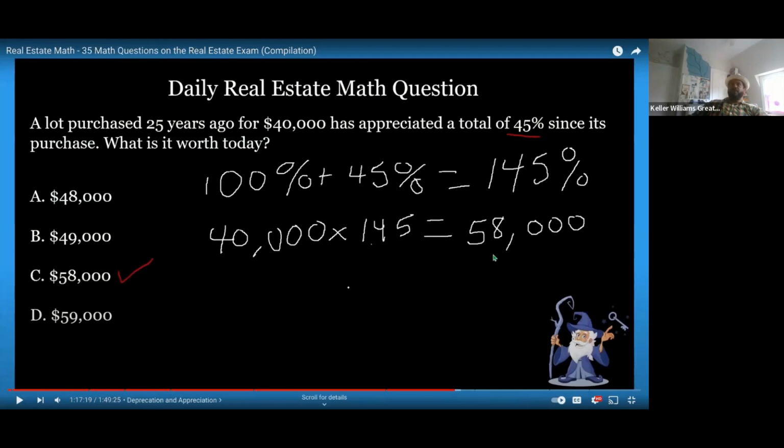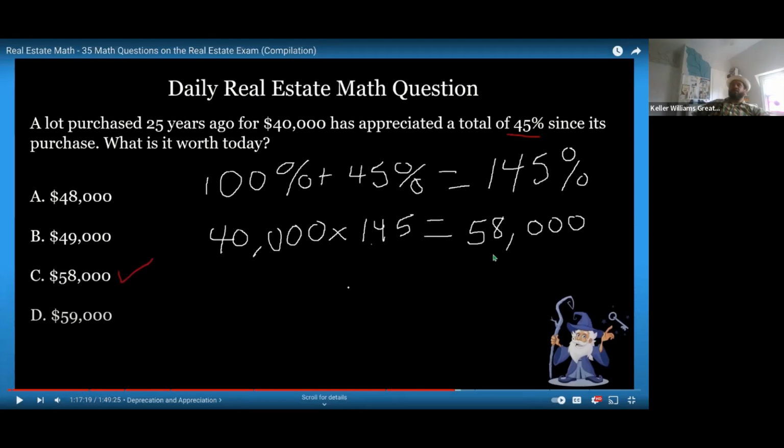Now, if you wanted to do it another way, you could say 45% of 40,000 is 18,000, and then add it to 40,000. Yes, you can do it that second way, or you can do it this way and just say it's appreciated 145%. So you take the 1, which is going to give you the 40, and then add the 45% to give you the 18, and then that'll give you the final number.